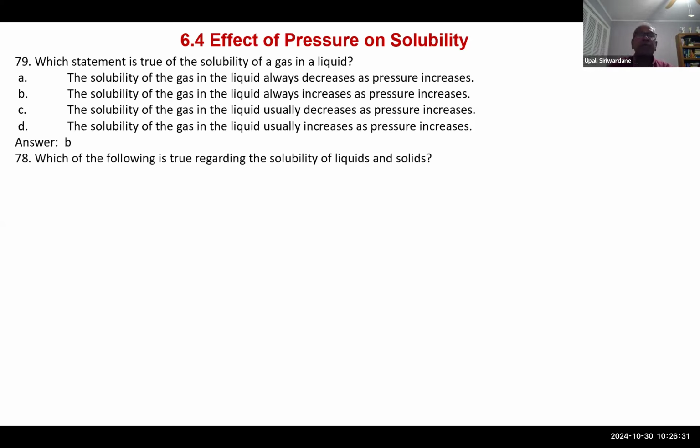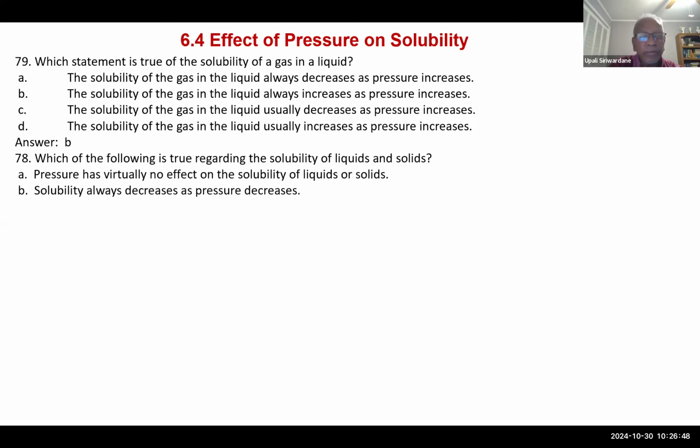Which of the following is true regarding the solubility of a liquid or solid in a liquid? Pressure has virtually no effect on the solubility of a liquid or solid in a liquid. Solubility always decreases as the pressure decreases?